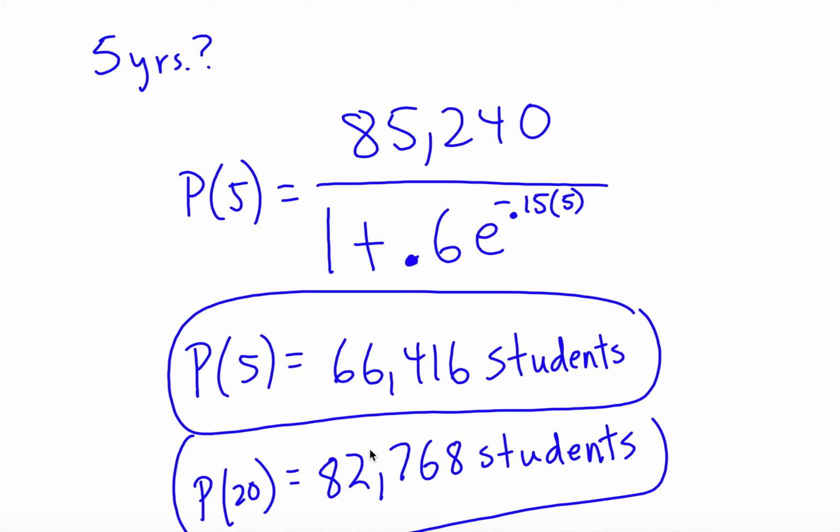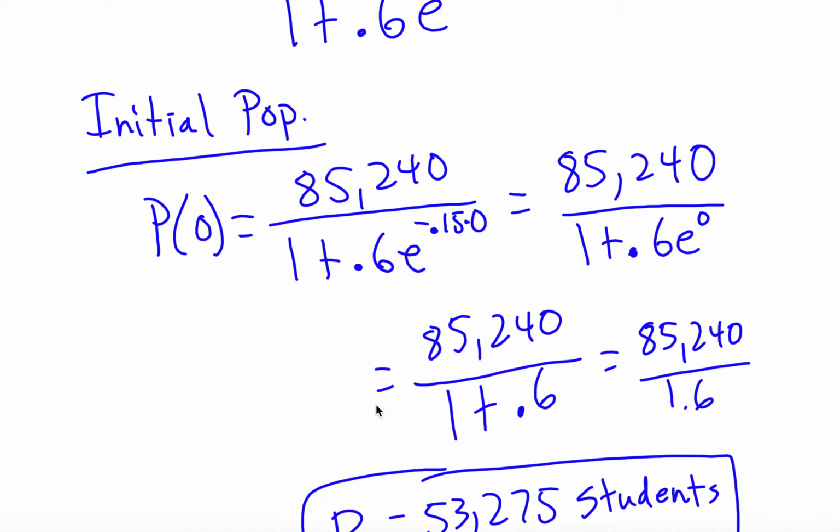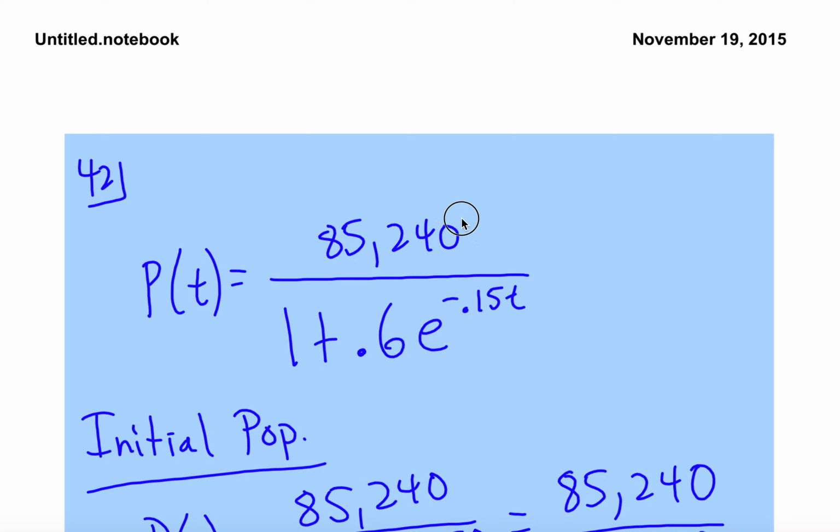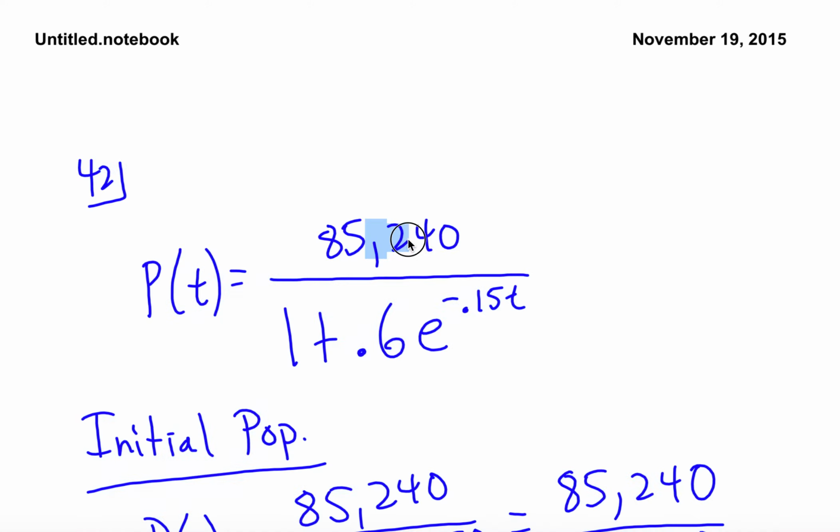Now, let's say I want to find the carrying capacity. So going back to this formula, this number in the numerator is your carrying capacity. So if this is the number of students at ASU, this is how many students at the moment ASU can actually accommodate.